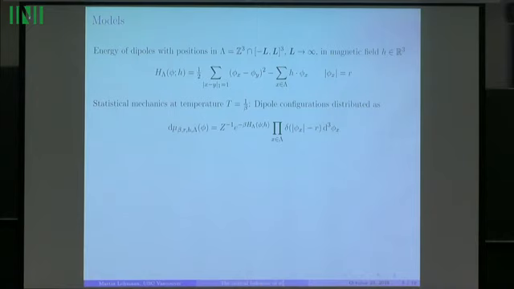And then to first order, the interaction of this dipole with the magnetic field is just linear in both. So this is the external magnetic field H, and you decrease the potential energy of a dipole if you align with the magnetic field. That's this term with a minus sign. And then also the dipoles interact with each other, in the same way, in a bilinear way in the direction of the dipoles.